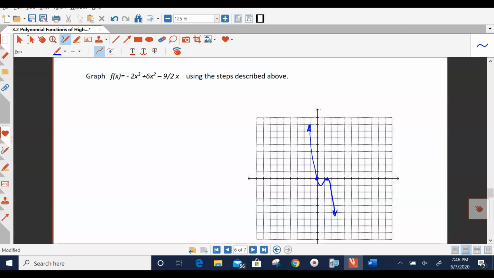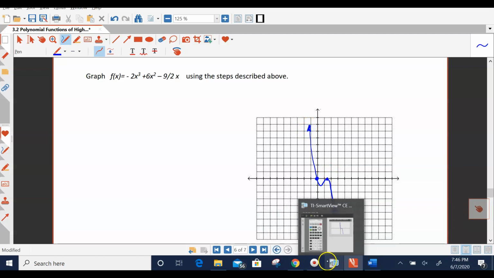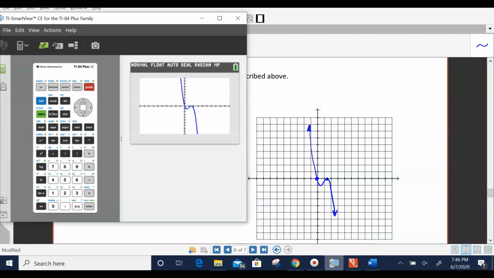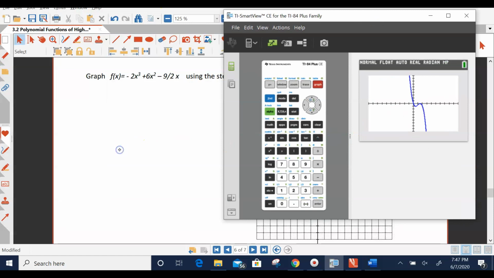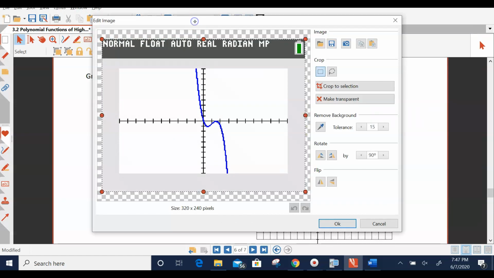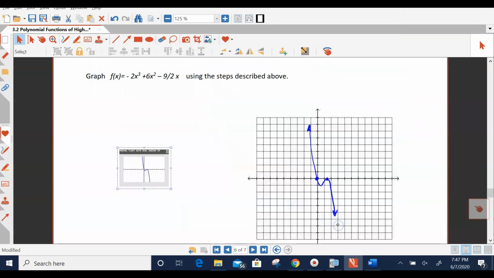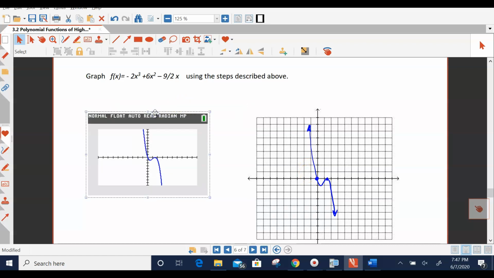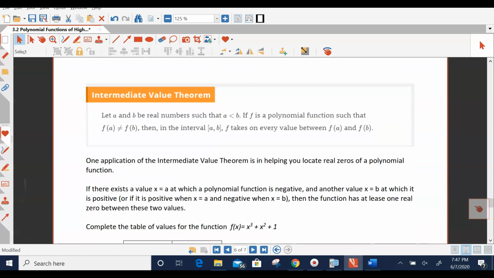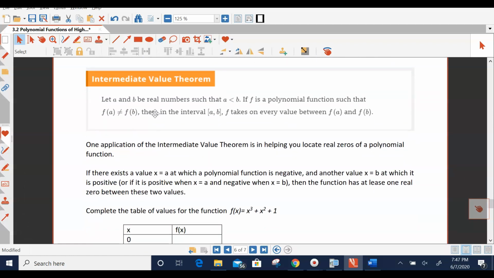Let me make sure I did that right. I'm just going to take this and move it right there. Oh, yeah. Good enough. All right, so we'll graph a polynomial function. We can find the zeros from our calculator. We are good there. The very last thing for this section is called the intermediate value theorem.